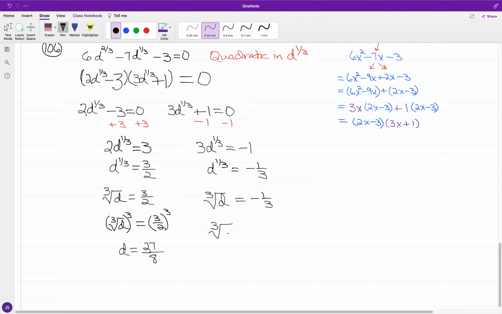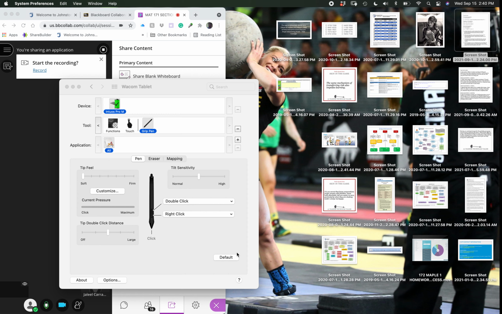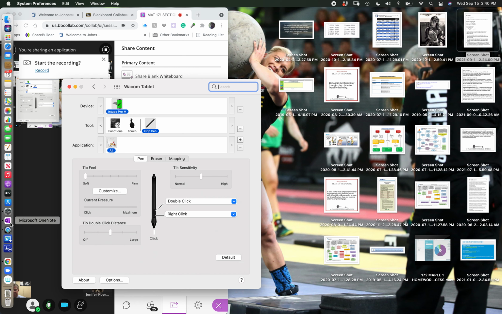And so, looking at solving for d, once again, I can cube both sides. The cube root of d cubed goes to d.